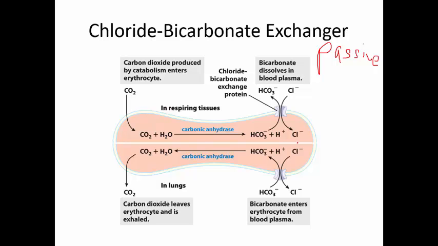That makes the net charge difference 0, because you brought one negative thing in, one negative thing out. And then the same thing happens over here, right? If it's bringing the bicarbonate in, it moves the chloride out so that we do not have a change in the membrane potential. So that's actually one common reason why we might have co-transporters, is to keep the charges the same.